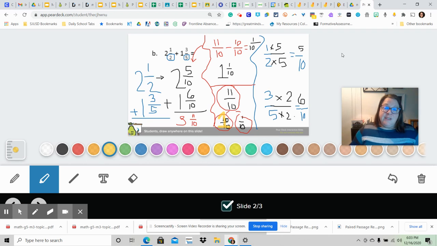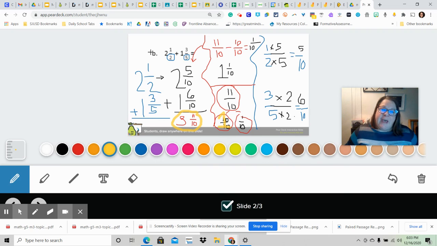So now this is what we don't want to keep this answer like this. We want to rename it. So I'm kind of a little bit out of room here, and I do apologize for that. I'm going to just kind of put it up here. So we have 3, and we already renamed right here 11 tenths as 1 and 1/10.